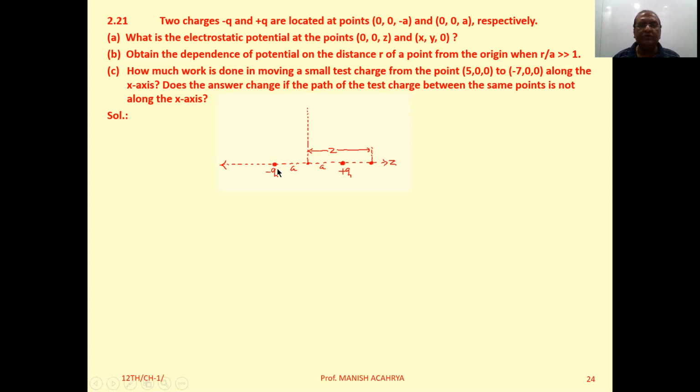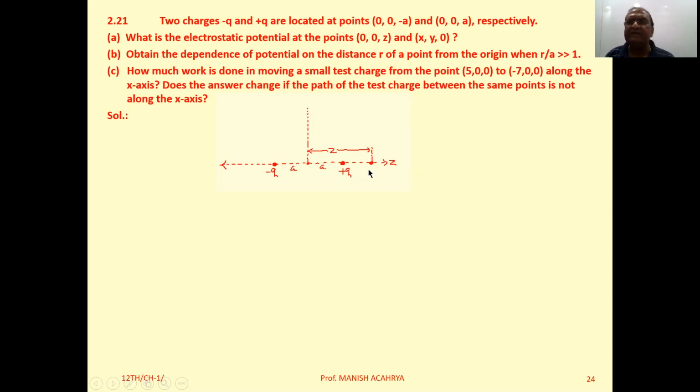So minus q is at distance a on the negative z-axis from the origin, and plus q is at distance a on the positive z-axis. Now first we want to find the electrostatic potential at the point (0, 0, z). So here consider the point on the z-axis at a distance z from the origin.